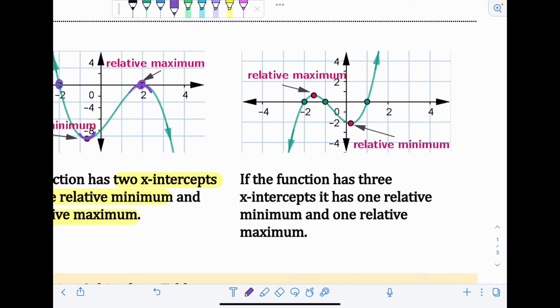And then for the last one, if the function has three x-intercepts, it has one relative min and one relative max. So same thing. All right, let me finish this. Sorry, I was trying to get ahead of myself. So going from up to down right there, changing direction, and going from down to up right there, changing direction as well.